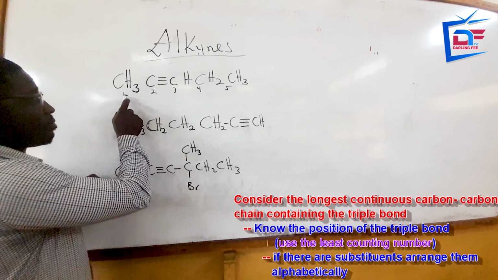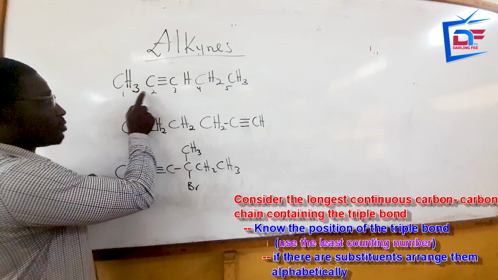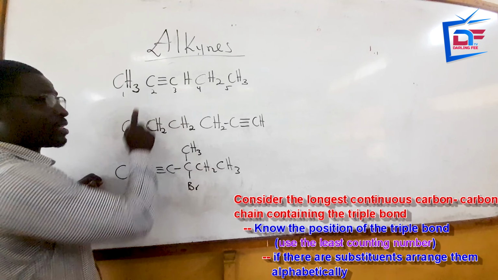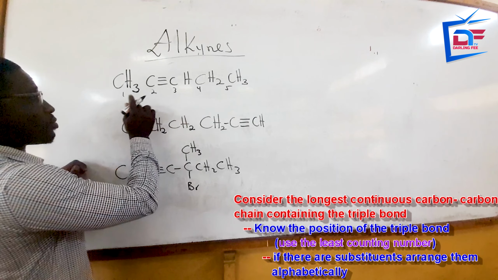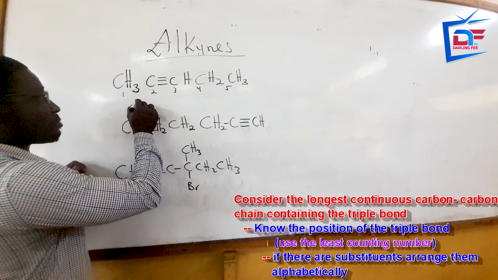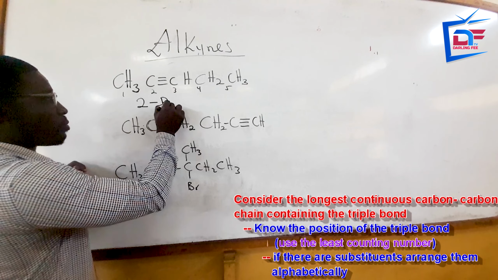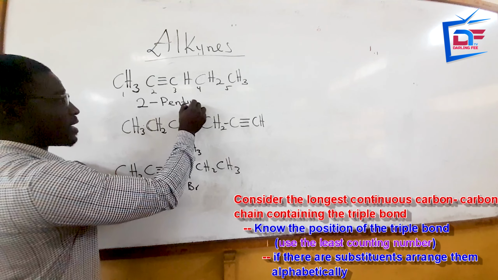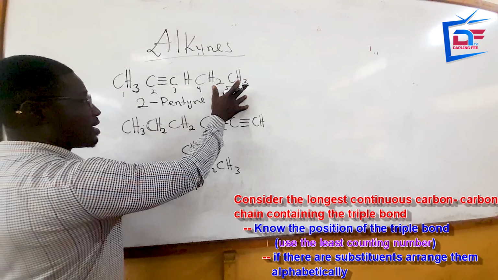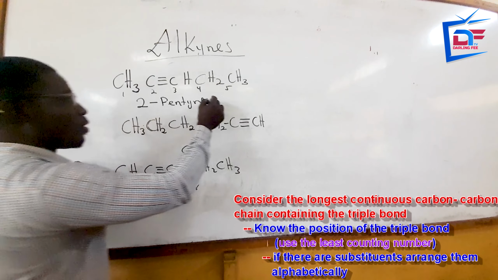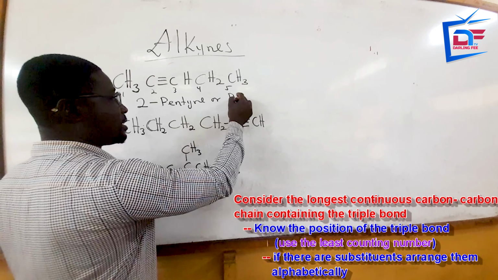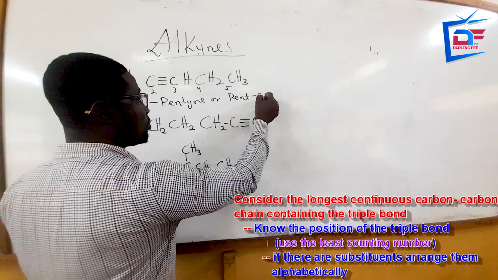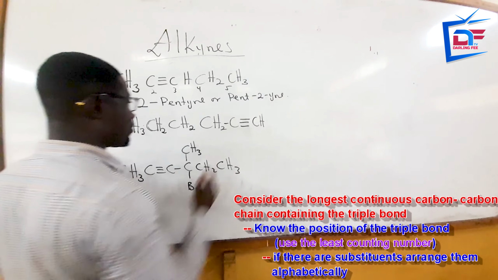No. We can only start from here, 1, 2, because of the least counting number. Now with this one, the name becomes 2-pentyne because we have 5 carbons, or we can say pent-2-yne. That is for the first one.